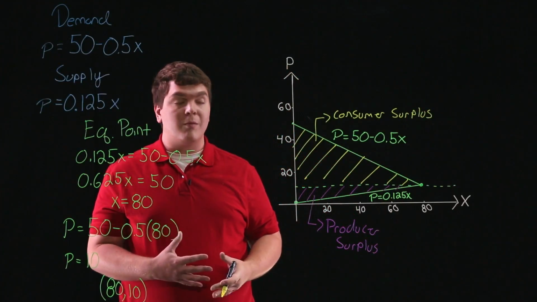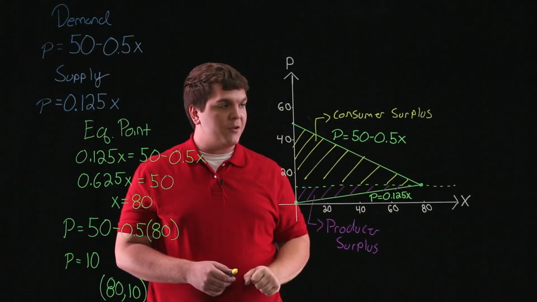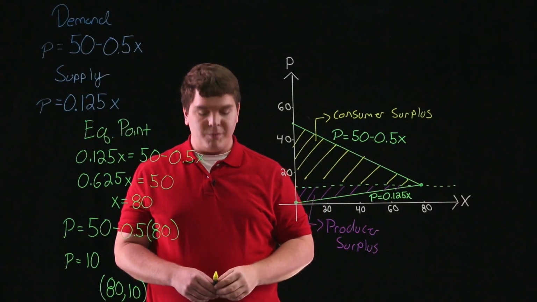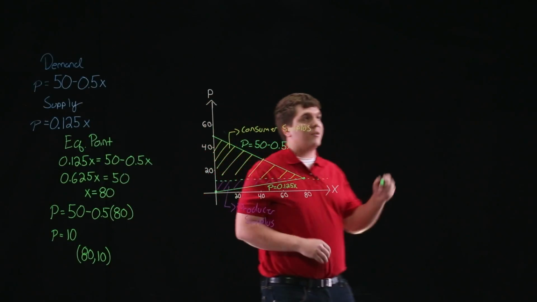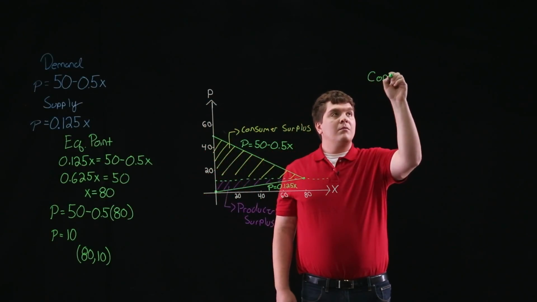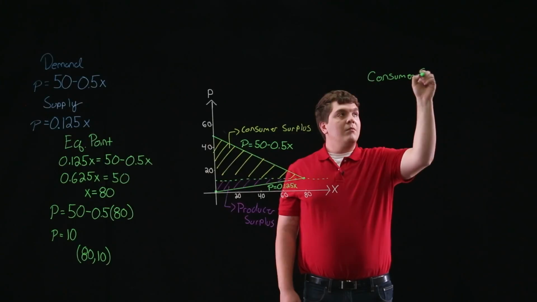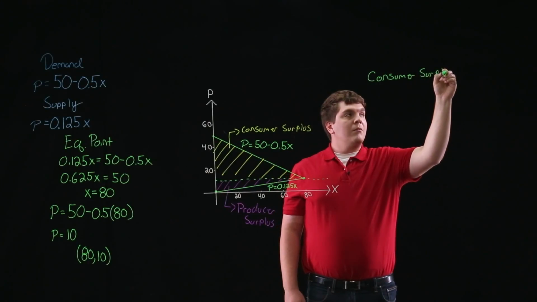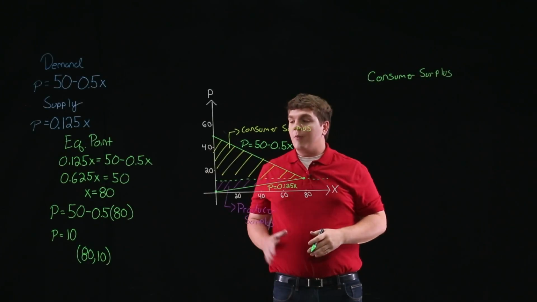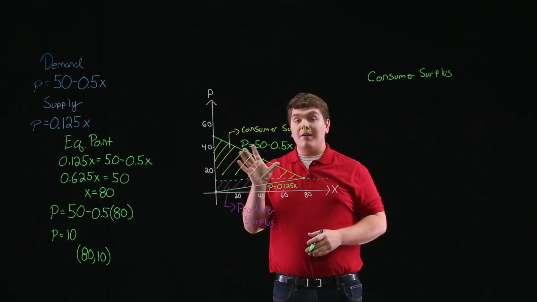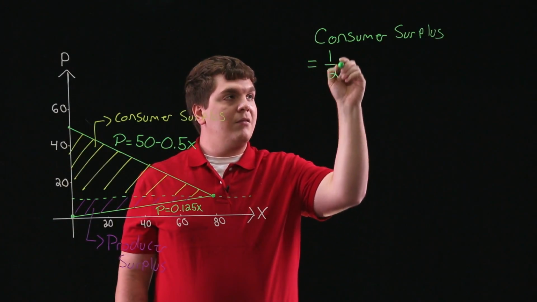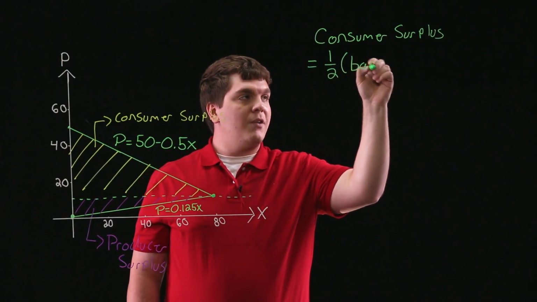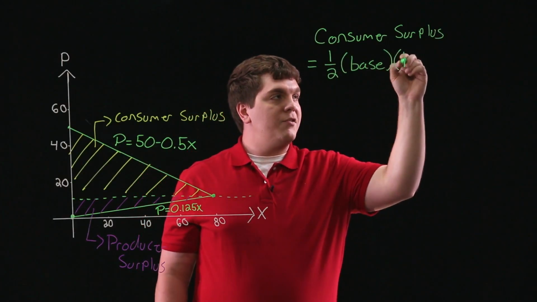Now for part B of this problem, we're asked to actually find the producer surplus and the consumer surplus. So let's begin by finding the consumer surplus. Remember, the consumer surplus is the area of this triangle. So in this case, it is 1/2 times the base of the triangle times the height of the triangle.